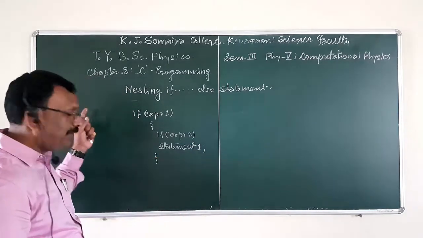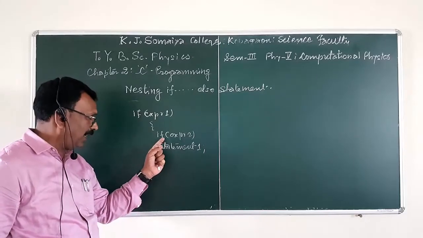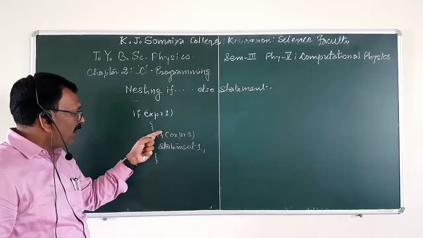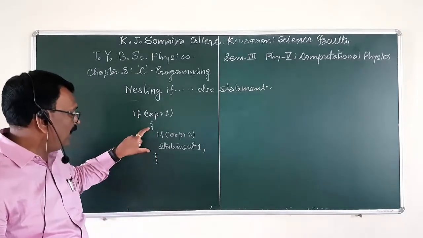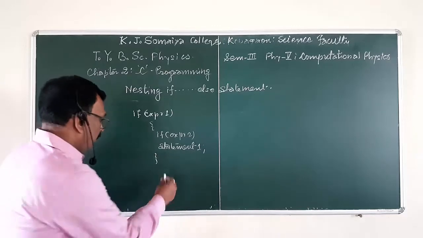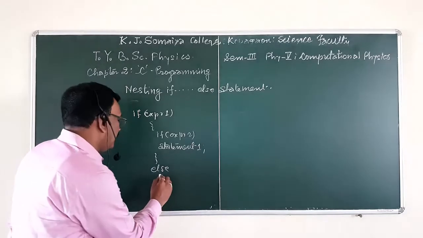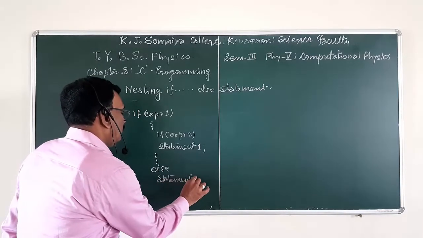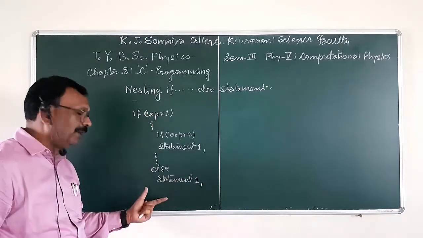See here, in the first form there is only a single statement, and here this is a compound statement, because more than two statements are in the body of the if statement. That's why here we use a pair of braces. Else, again here statement 2.